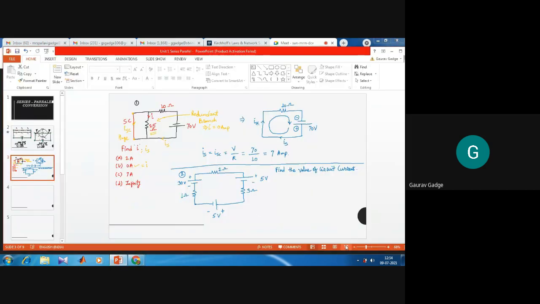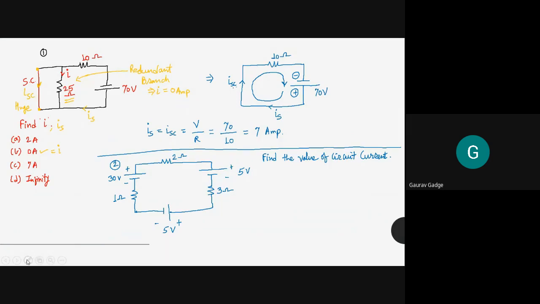Fine. So I will tell you the answer to this particular question. We have to find out the value of circuit current. Now, based on the sources present here, the 30 volt positive is upward. So let us consider this left hand side source as the starting source for the current.